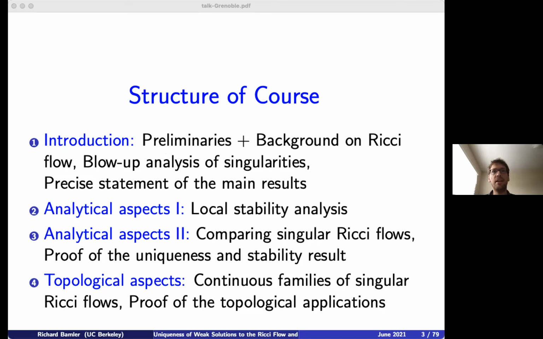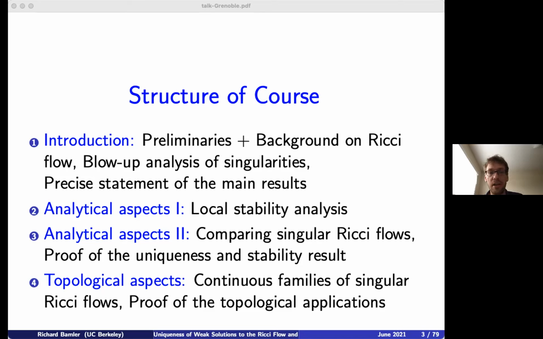Then in the second class, tomorrow, I'll talk about the analytical aspects of our theory, this uniqueness theorem, and in particular the proof of this. I'll also focus on this in the third class. In the second class, I'll talk more about local stability analysis, which is one important ingredient.